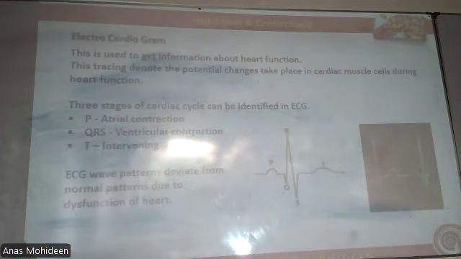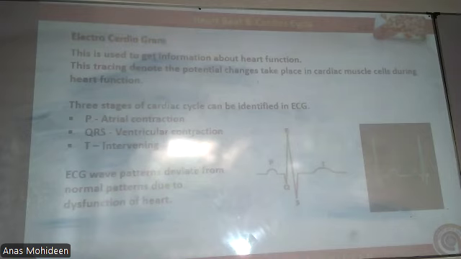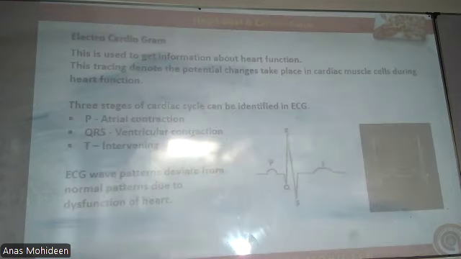So furthermore, can you see here? Look at this part. The blood is being filled up here.